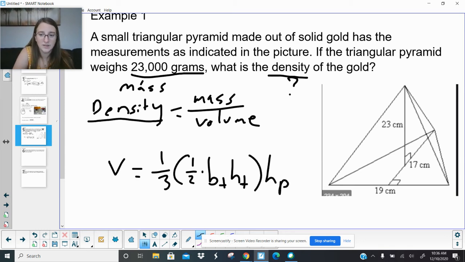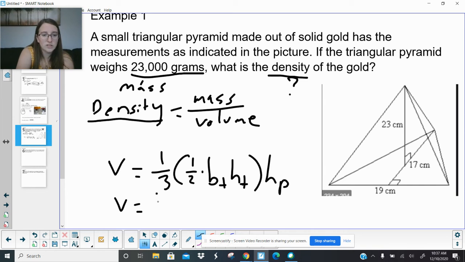Times the height of the prism. Now again, the nice thing is, guys, as long as you have this part correct, as long as you used 1/3 and then 1/2, if you mix up these numbers, you're going to get the same answer. So this is why it's super important you have the right formula, because with the prisms and the pyramids, you can actually mix up the variables, and as long as you have the right formula, you're fine.